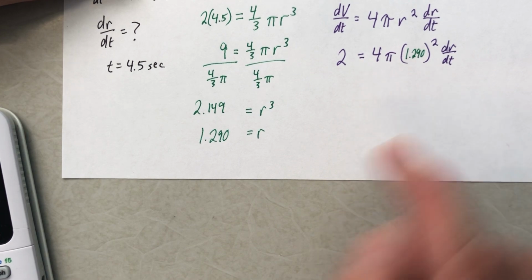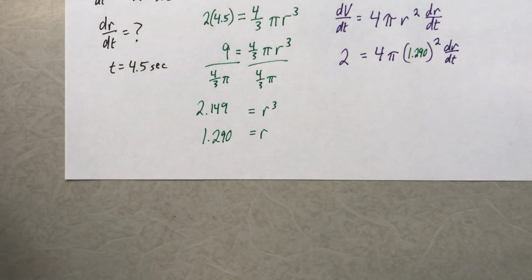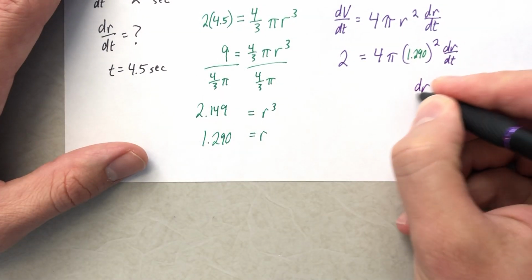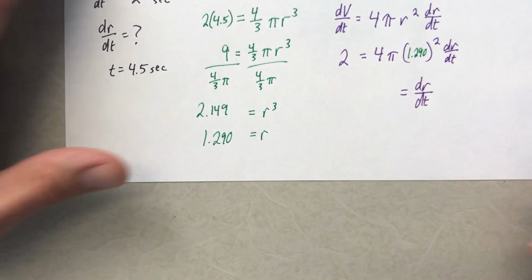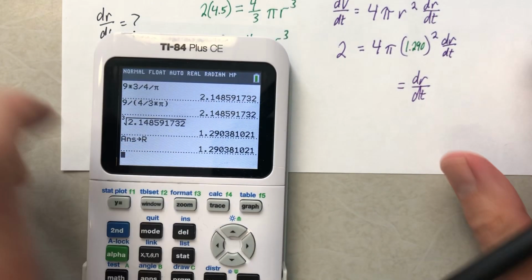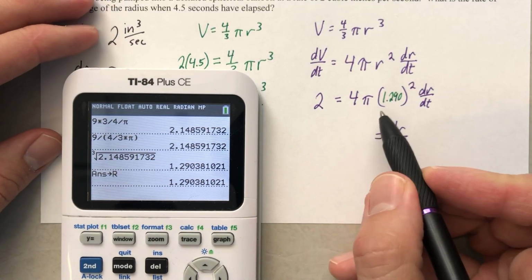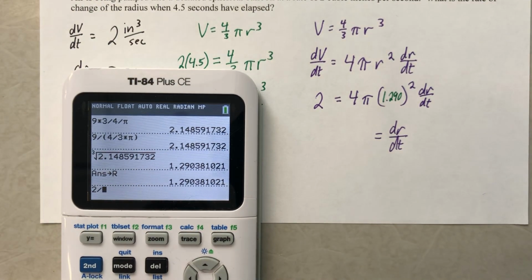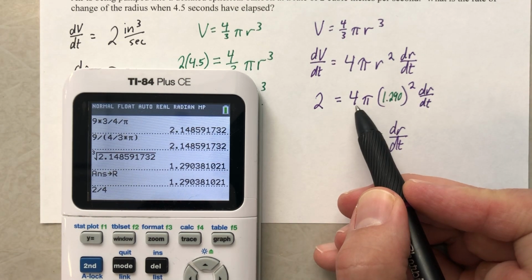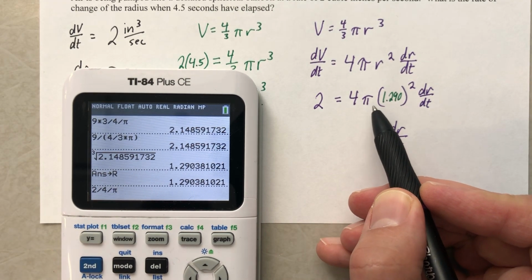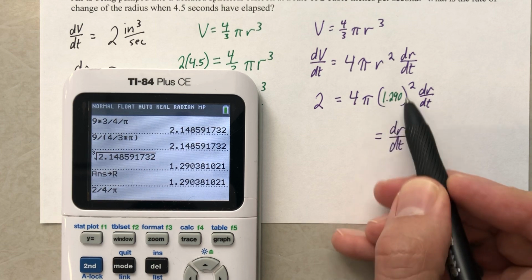So let's solve this. And when I solve it, I'm going to find out what dr over dt is. And I'm going to do a lot of this without writing it down, so just follow me closely. We're going to divide by 4. So 2 divided by 4 divided by pi. And then I would divide by this.